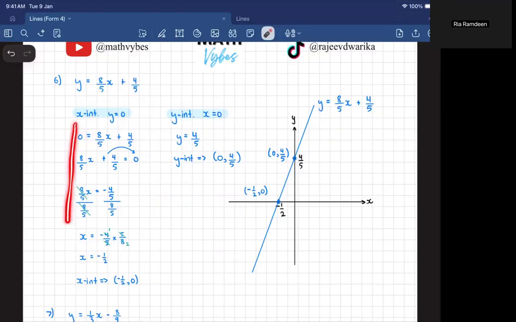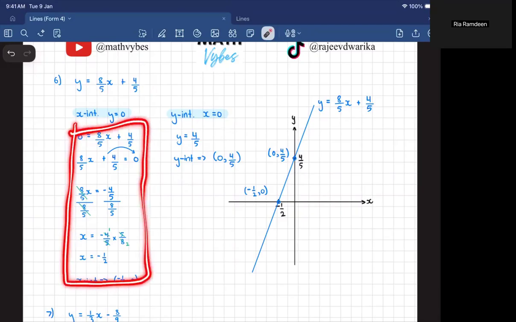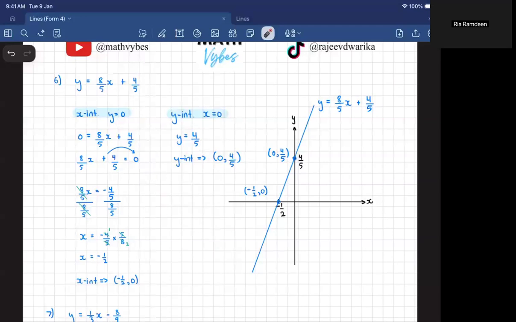So we're solving for x using 0, and then we'll find the final coordinate of the x-intercept, which will be wherever we get, which is -1/2, comma 0, because the x value always comes before the y value. And if you're talking about the x-intercept, that means you're on the x-axis itself, and the y value will be 0.